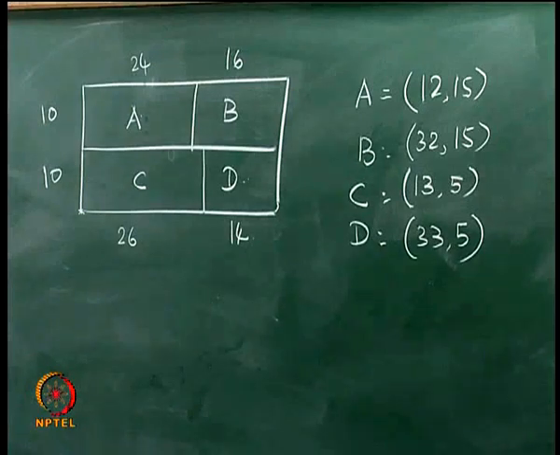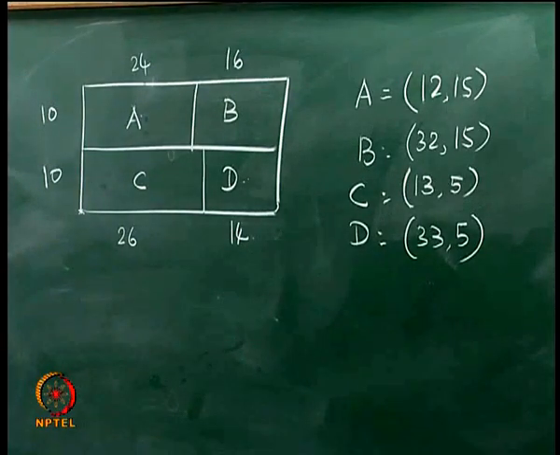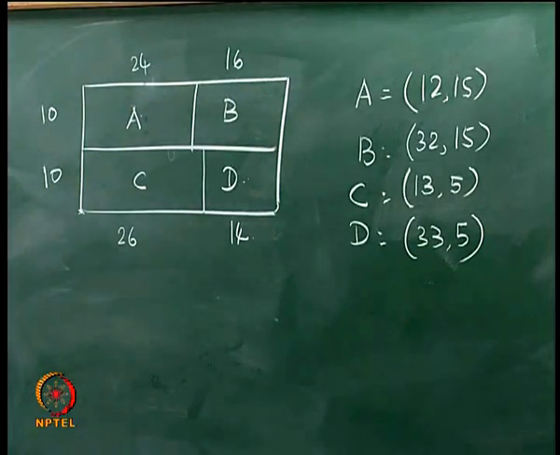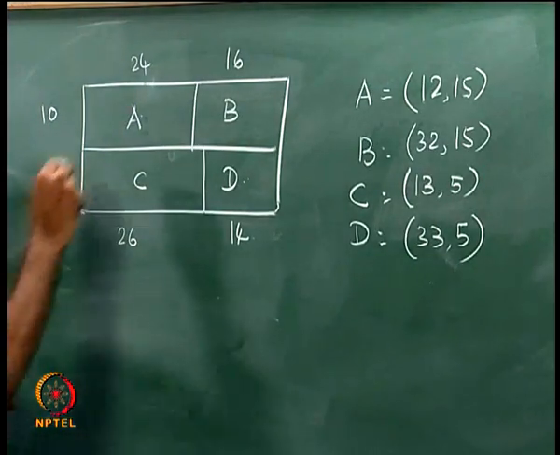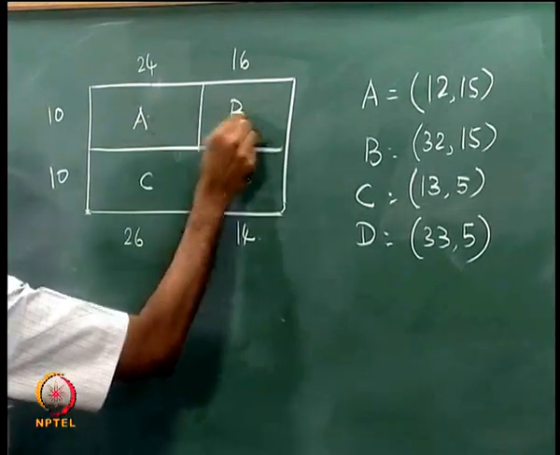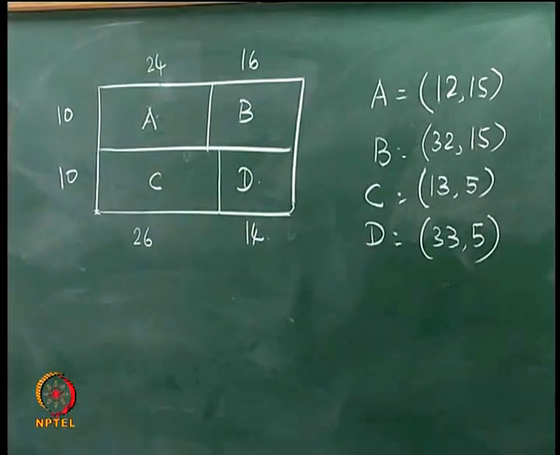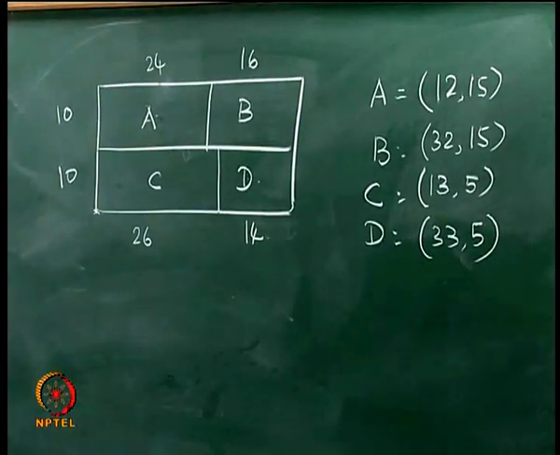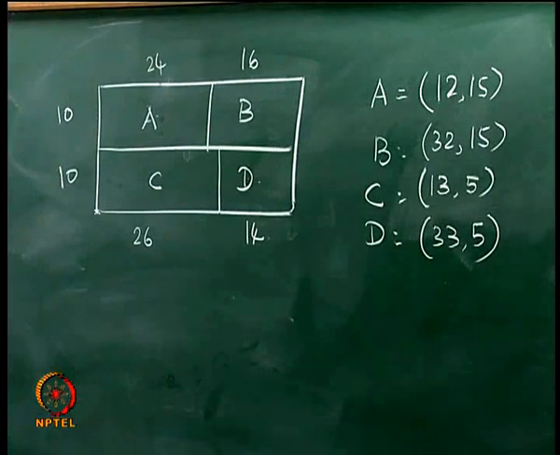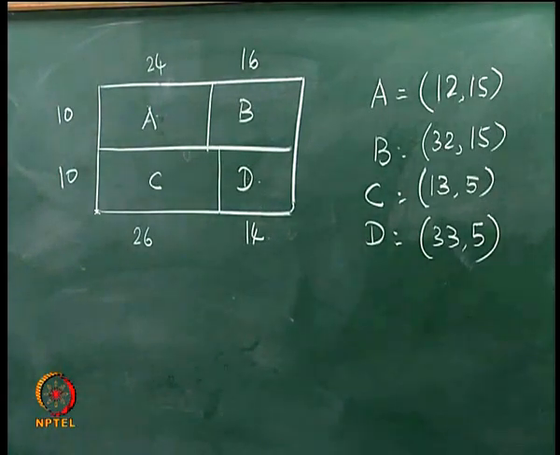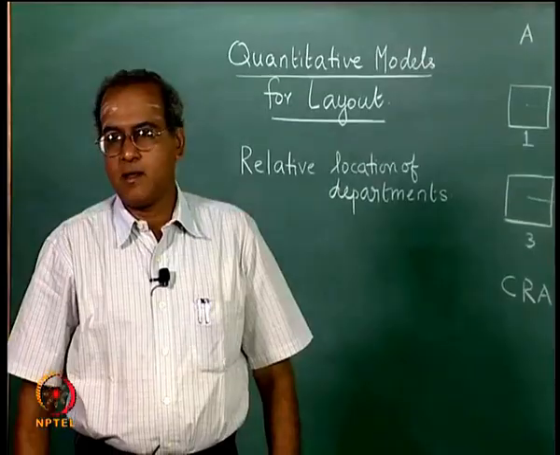Now, based on these centroids we can create a distance matrix. We can call these centroids 1, 2, 3, 4, and then compute a distance matrix based on the centroids.